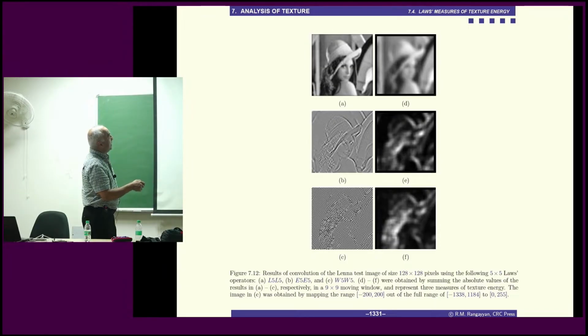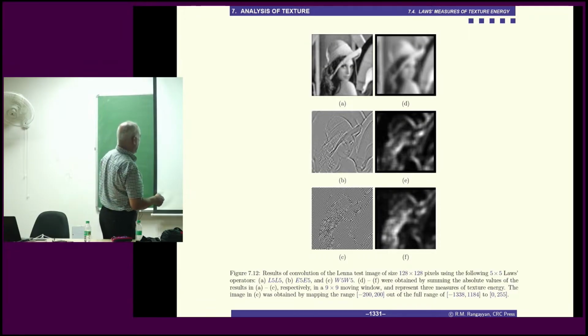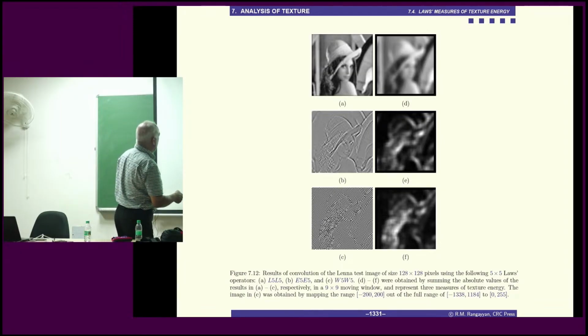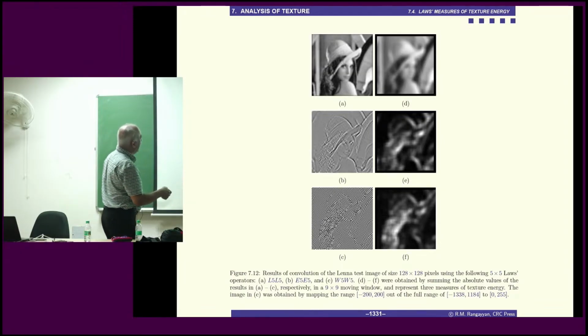So this is the original picture. This is after the smoothing operator. No, this is with L5, L5, and then it is going this way, sorry.